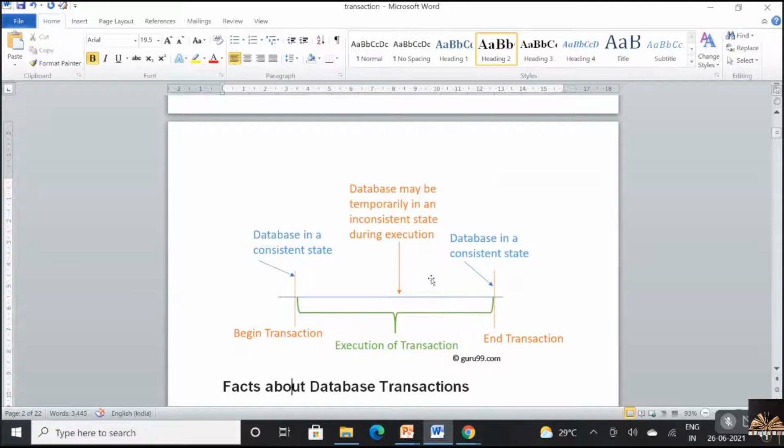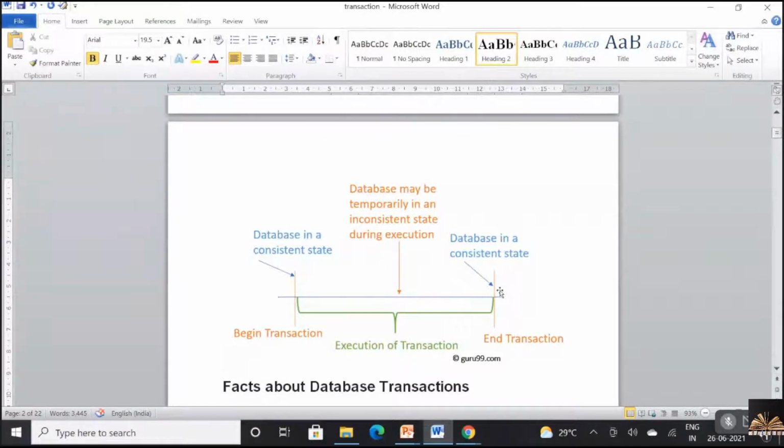After reading, I'm trying to perform some addition or subtraction or updation, and I might not be writing it onto the database. Once I have deducted, or once I have added, I might not be writing into the database. That is the reason this would be for some phase temporarily in an inconsistent state.